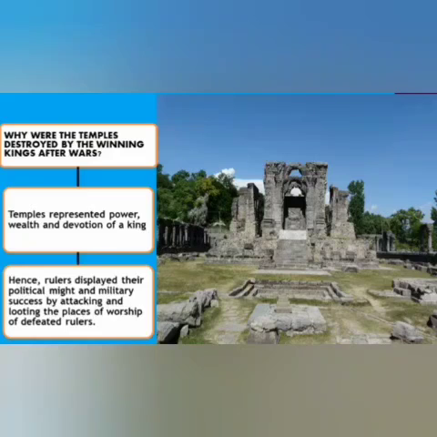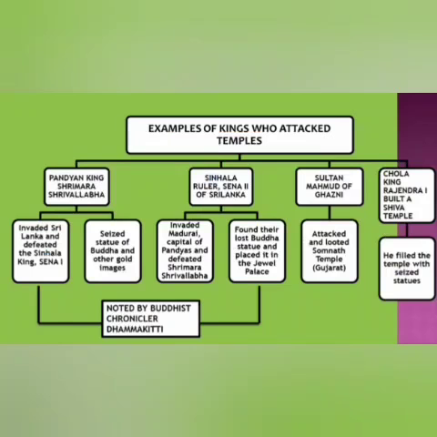In the 9th century, जब Pandya king Srivallabha invaded Sri Lanka and defeated the king Senavan, उसी समय the Buddhist monk and chronicler Dhammakirti noted he removed all the valuables.